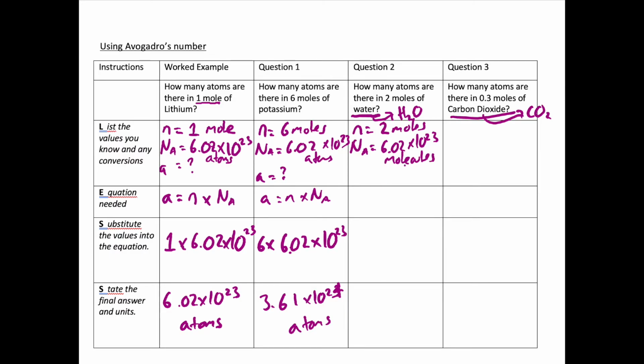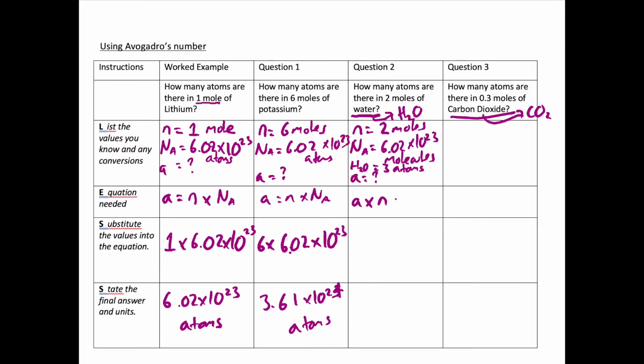So we need to know how many atoms there are in 1 water molecule. So that 2 there tells us we've got 2 hydrogens, and then we also have 1 oxygen. So H2O is 3 atoms in 1 molecule.